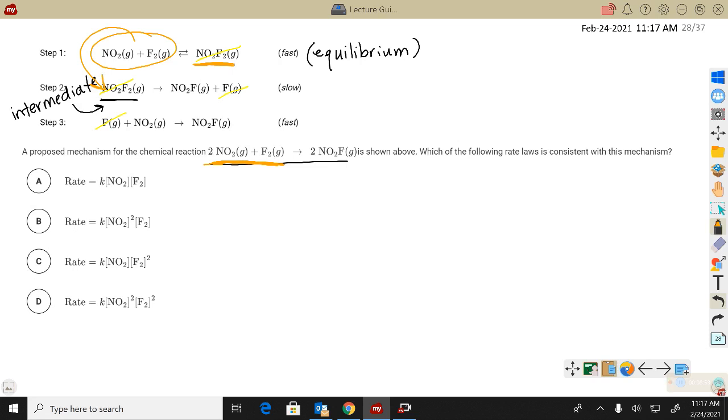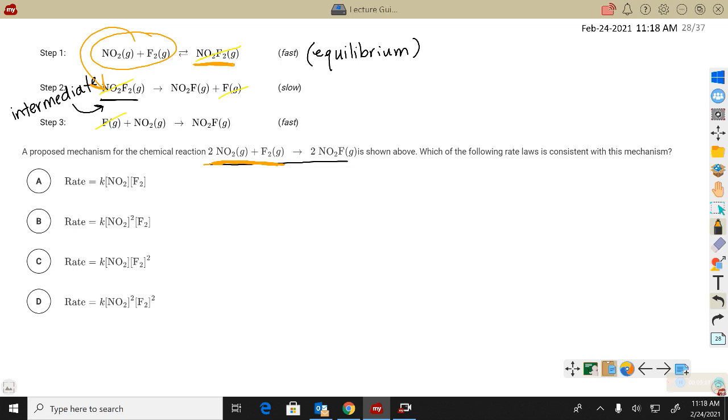Now you can only do this when your early step is reversible, where it's got that double-sided arrow. And so then I'm going to take what's opposite my intermediate, because they're equivalent, they're reversible in step 1, and I'll substitute that in for the intermediate in step 2.